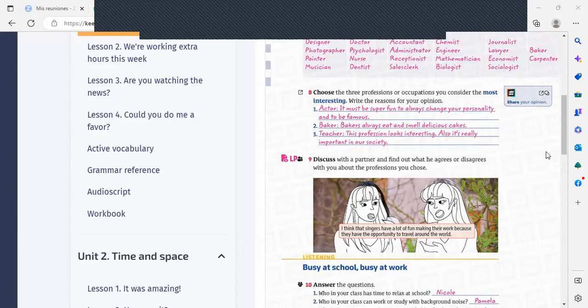I like to see the landscapes, and maybe I can travel to different places as a photographer. I would take pictures of different places, of course. Great job.